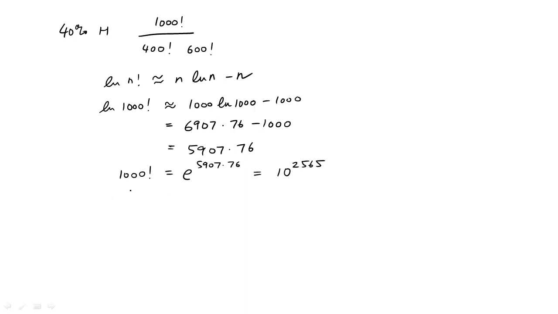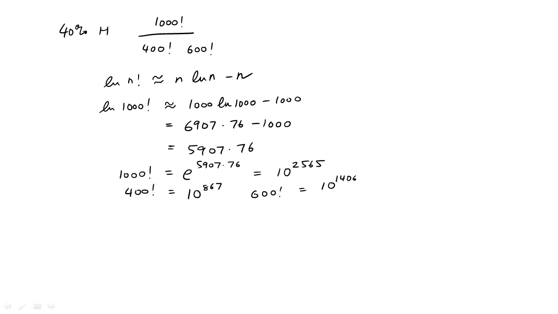Similarly, using the Stirling approximation, we can calculate 400 factorial, which comes out to be 10 to the power of 867, and 600 factorial, which comes out to be 10 to the power of 1406.